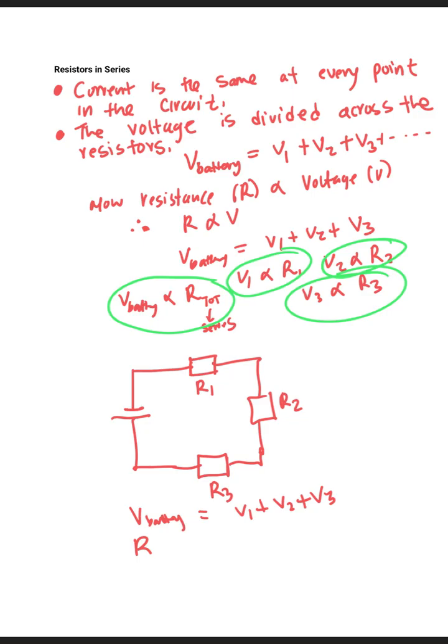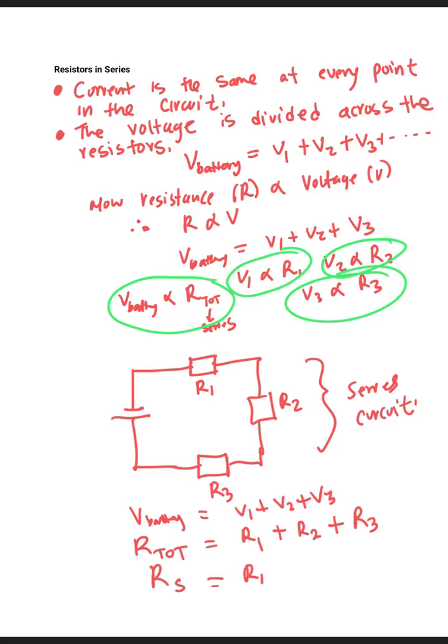Why I say V battery is directly proportional to R total or R series, then I'll just write R total is equal to V1, which is directly proportional to R1, meaning when V1 increases, R1 increases, right? So I'll just replace it with R1. And V2 is directly proportional to R2, so I'll replace it with R2. And V3 is directly proportional to R3, I'll replace it with R3. And because this is a series circuit, we can write R total as Rs equals R1 plus R2 plus R3.